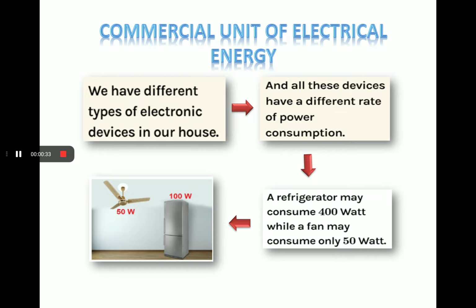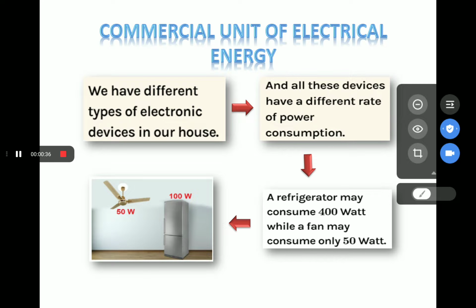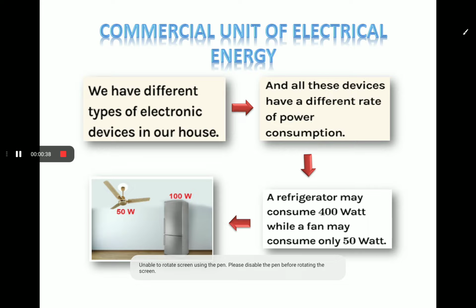For example, as you can see in the slide, here are two devices. First is the refrigerator and second is the fan. Here the refrigerator, suppose, consumes 400 watt and a fan consumes only 50 watt.